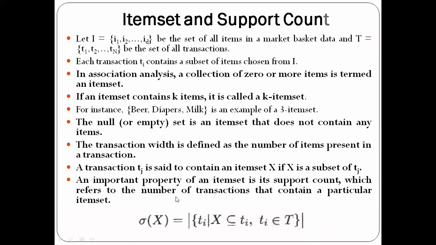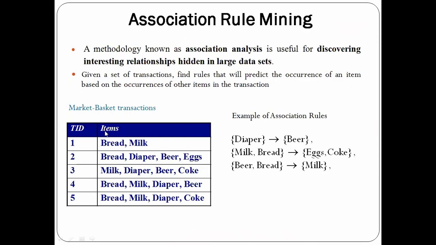Now coming to the transaction width. Transaction width is nothing but the number of items present in the transaction. How many items are present in the transaction specifies the transaction width. In these transactions, the transaction width of transaction 1 is 2 because it contains 2 items, bread and milk.